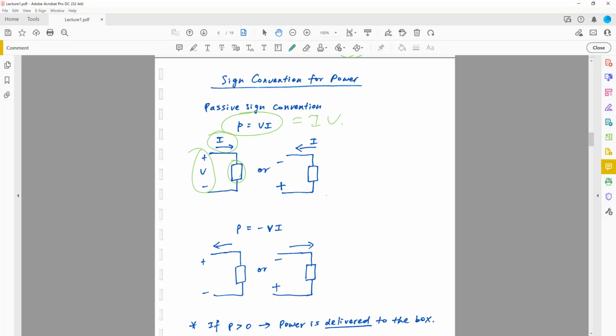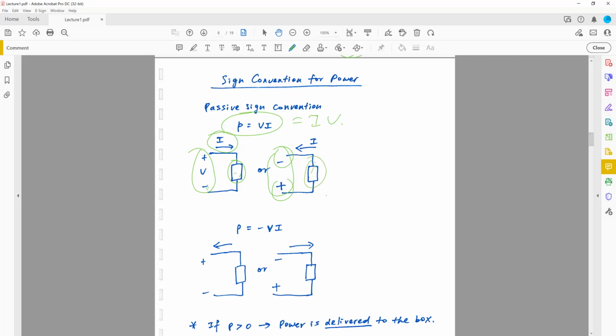What I can also do is, instead of applying plus here and minus there, I can apply plus on the bottom and minus on the top. Since I have changed the polarity of the voltage that I apply, I expect the current to flow in the opposite direction, given that whatever is inside this box remains the same.